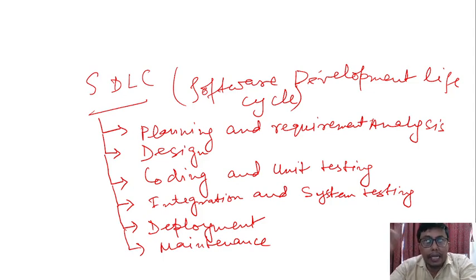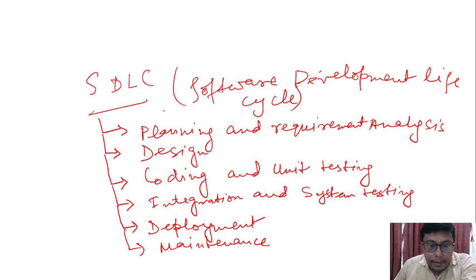And if there are any errors or any logical flaws in the code of the programmer, they will raise that issue as a bug and assign the bug to the development team who were responsible to develop the software. In this way, the code can be updated and made as error free as possible. So these are done in the coding and unit testing.